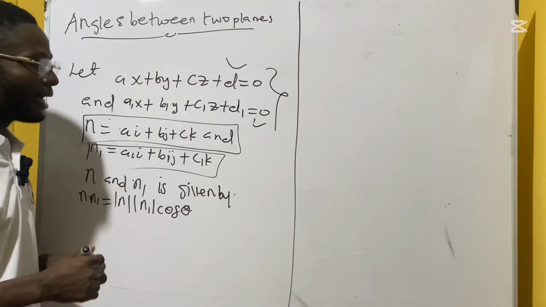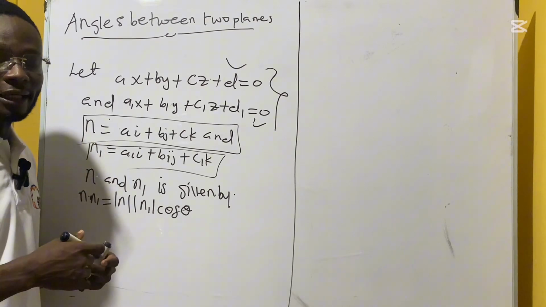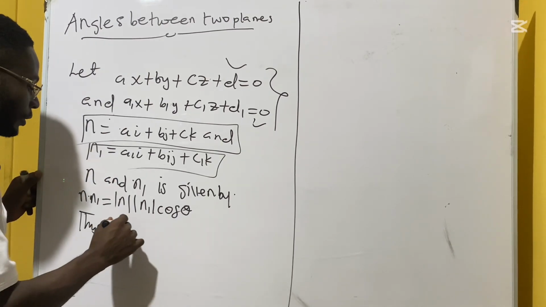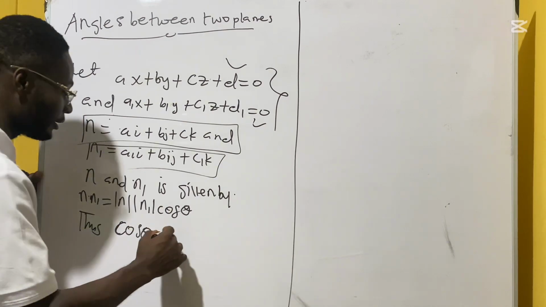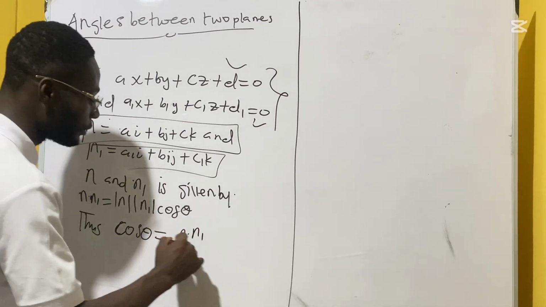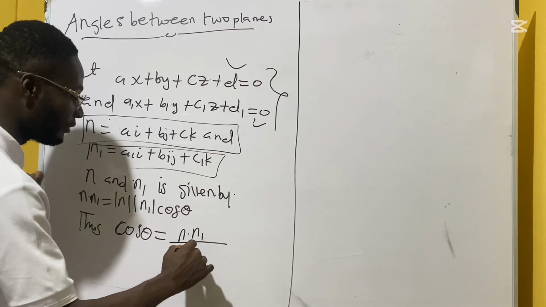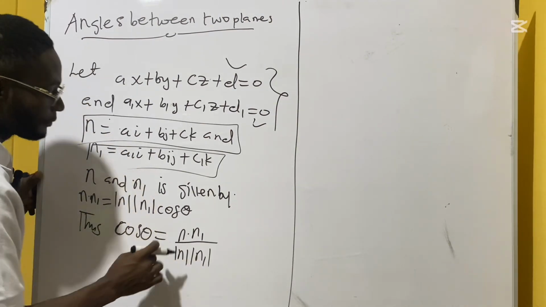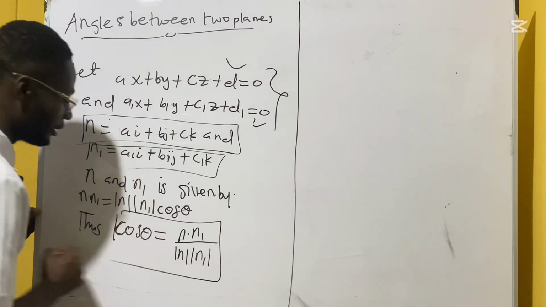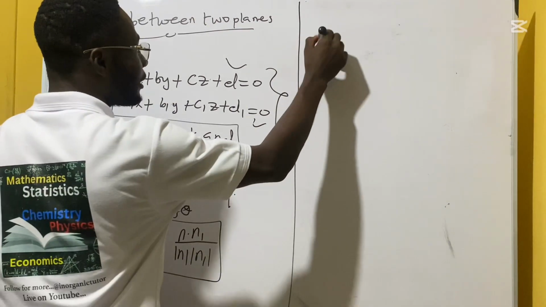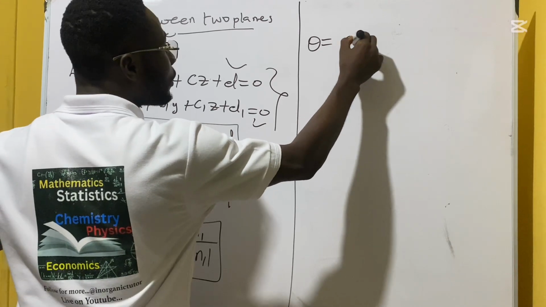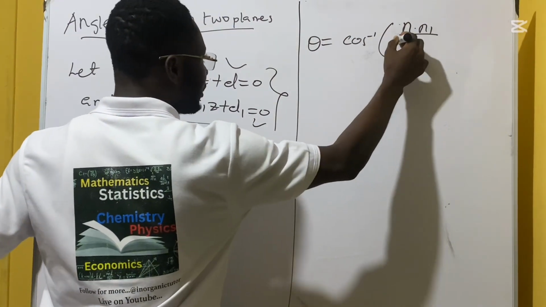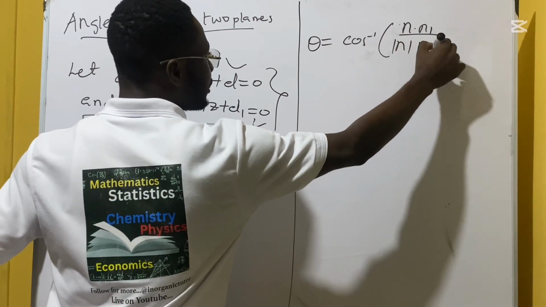Let's look at a practical example to clarify this concept. But before, note that cos theta will be equal to n dot n1 over magnitude of n times magnitude of n1. So theta is equal to cos inverse of n dot n1 over magnitude of n times magnitude of n1.